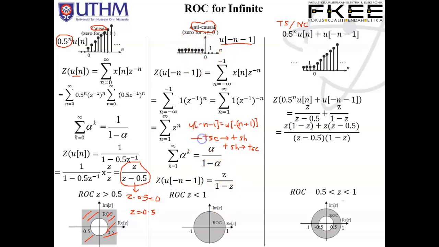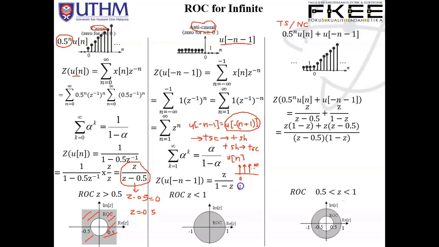So for example, I want to use this method. First I do the time scaling and then I do the time shifting. For example, we have u[n] from n equals 0 until infinity. So this is u[n].